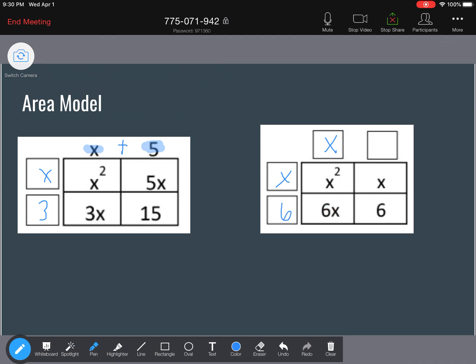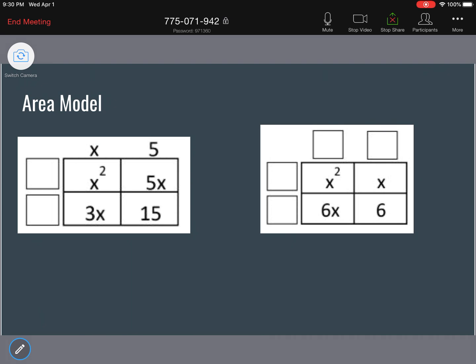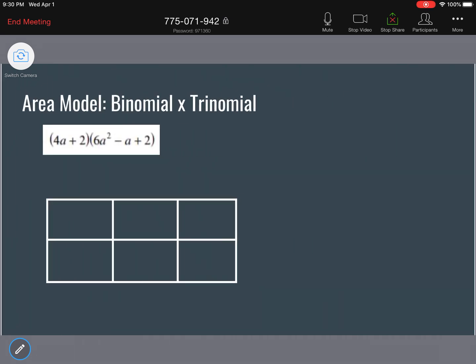Well, that's a 6. And what do I multiply x by to get an x? Well, anything times 1 is itself again, so we just get a 1 there. Okay? And we'll get more into that in a couple of days.